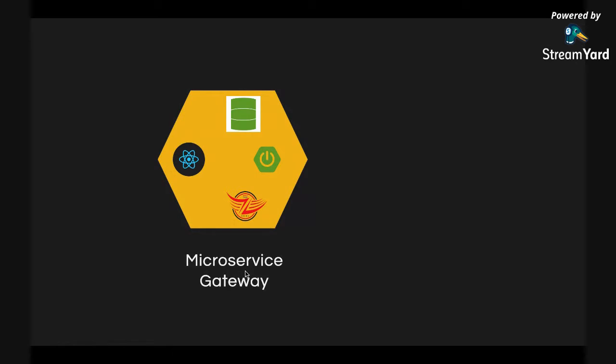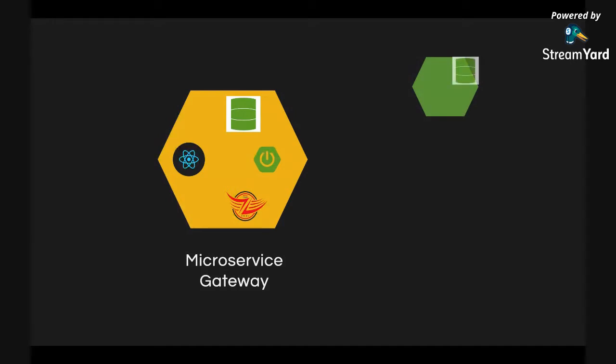This entire service is what we call the microservice gateway, and it is the single entry point for all your clients. If you want to access the application, you have to go through the microservice gateway. That is an API-based architecture that we are allowing here.